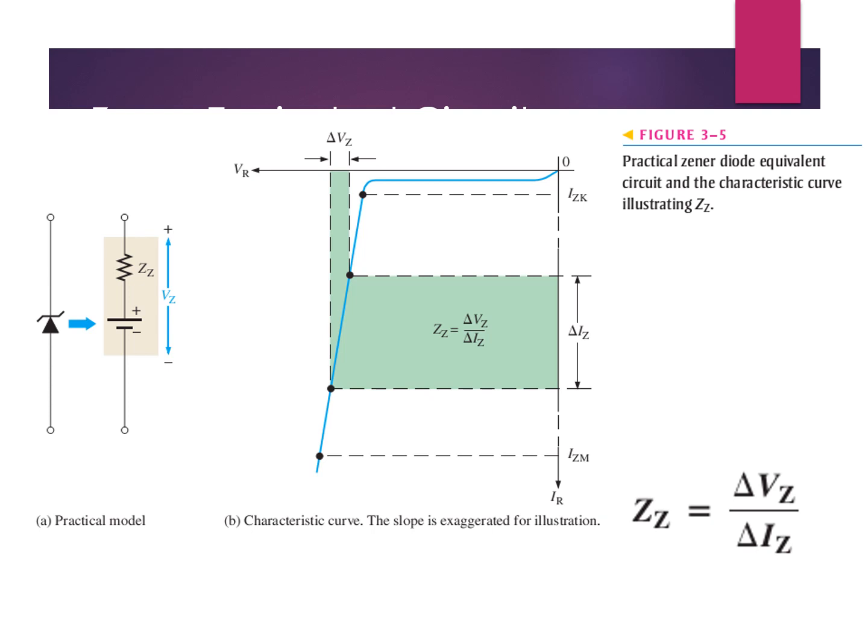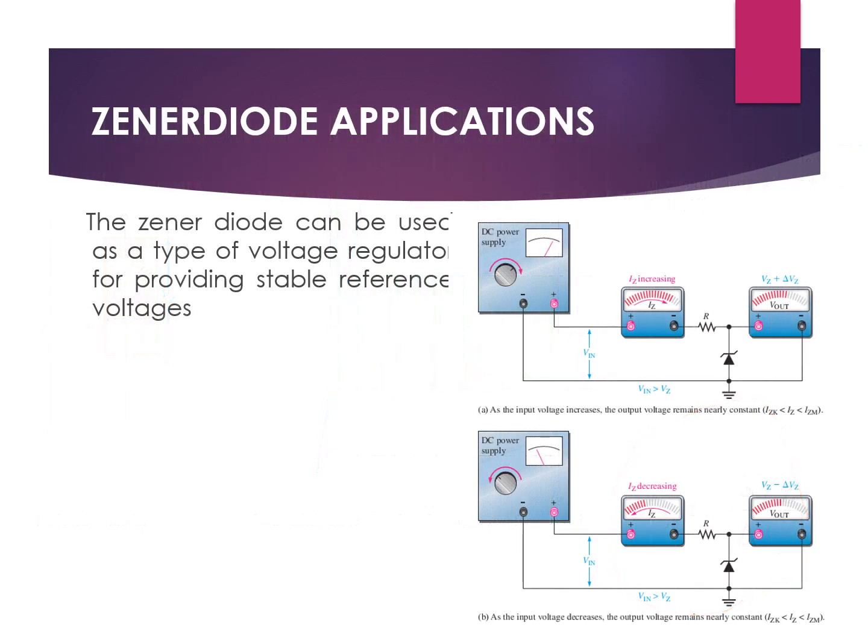But in practical cases it cannot be represented by a single model. We will have a Zener impedance also, and your slope will also be like this. As explained, Zener impedance can be represented by the slope of the curve, that is delta Vz by delta Iz.